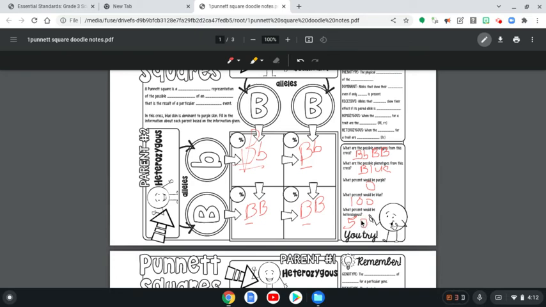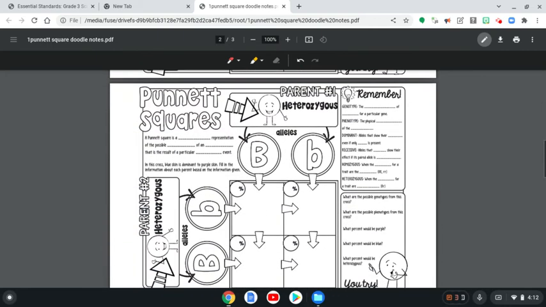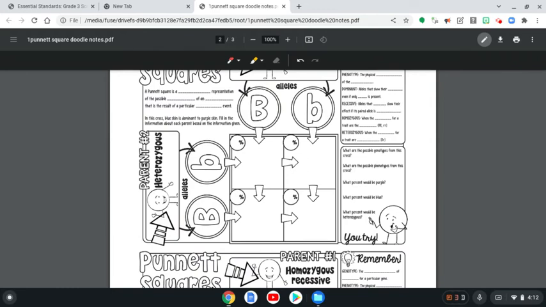Okay, let's look at the next one. Both of these are a heterozygous cross. You have a dominant and recessive parent here. You have a dominant and a recessive parent here. So this will be dominant and recessive.